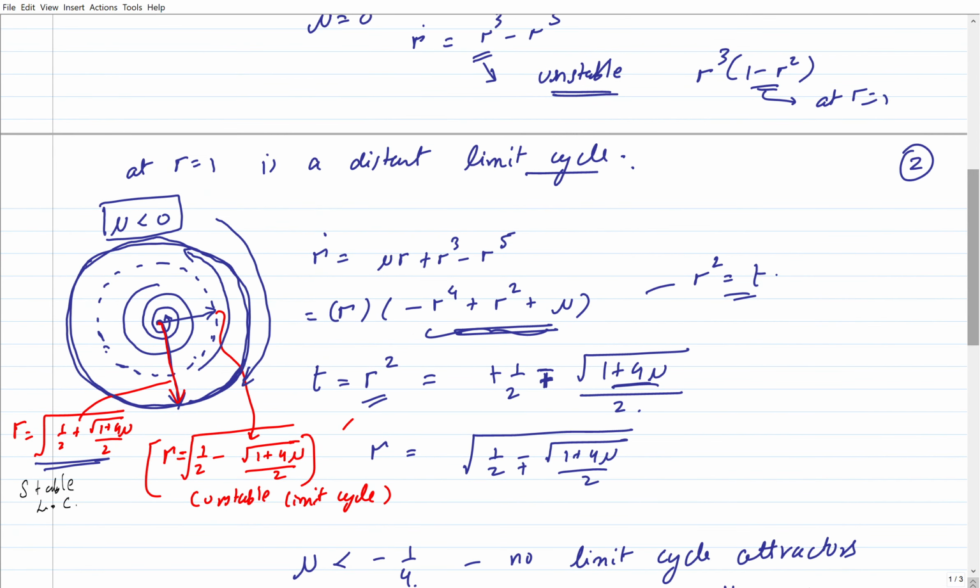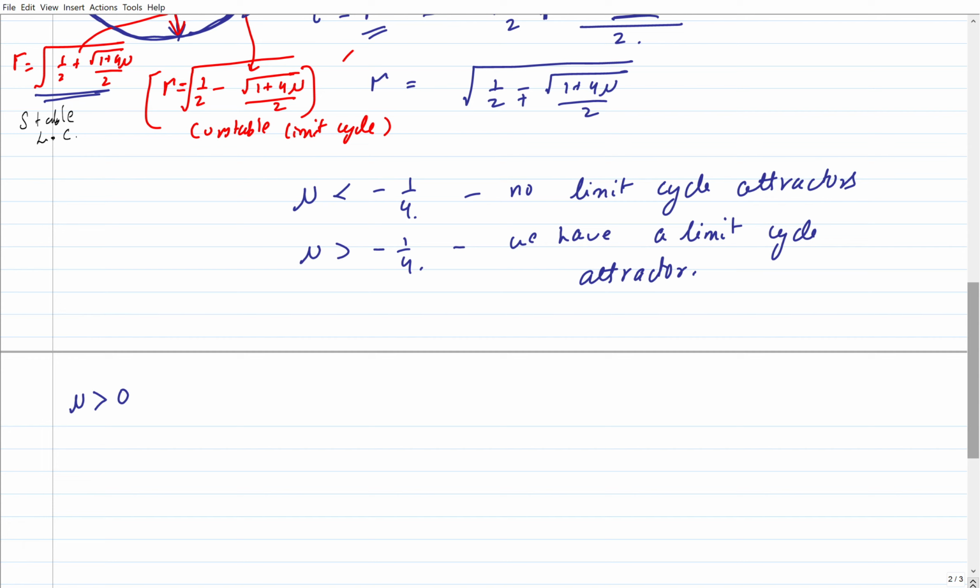As you can see from this equation, when you linearize it, for mu greater than 0, the fixed point at 0 loses its stability. And then you are basically left with the only stable attractor in town, the outside limit cycle.